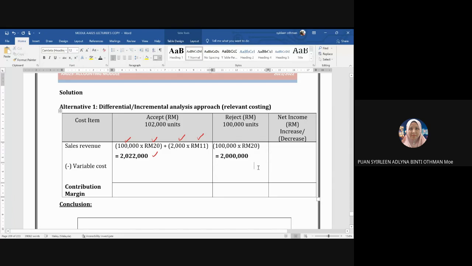Okay, ada student akan tanya, Madam, boleh tak saya tak mau tunjuk yang bracket ni? Boleh, tapi markah kurang. Okay, sebab setiap yang Madam tick tu ada markah. Okay, so this is topic 11. Markah dia besar. So kalau tiba-tiba you letak RM2,022 je, I'm not going to give you full marks.